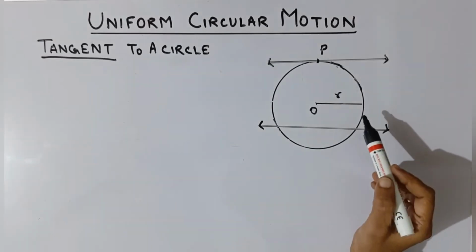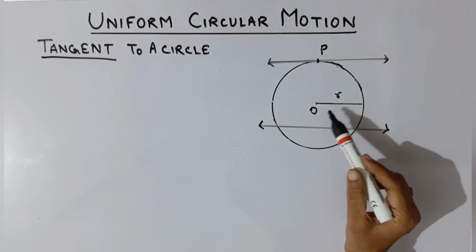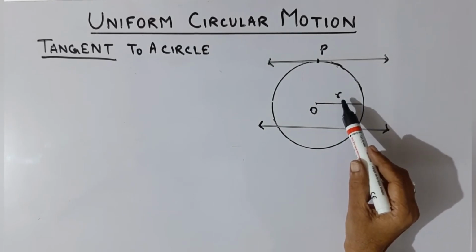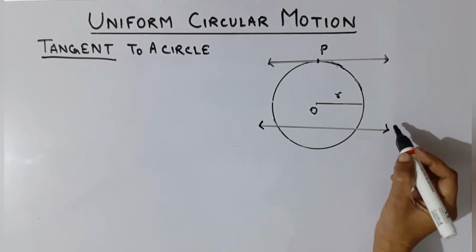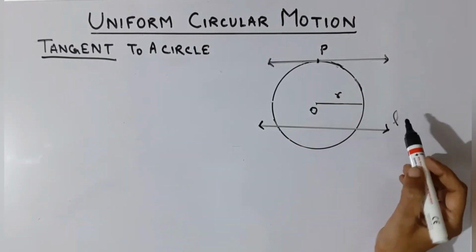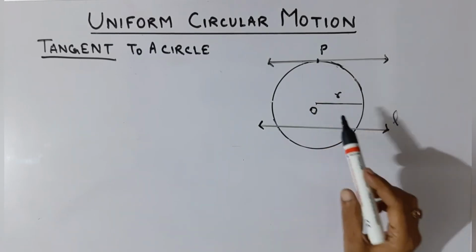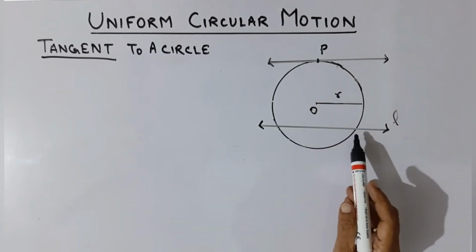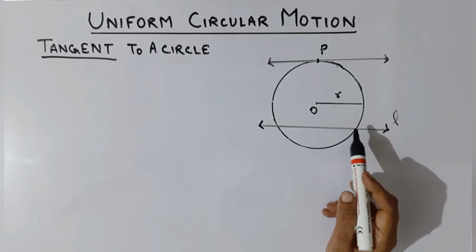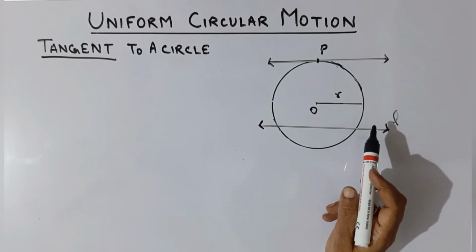Let us consider a circle with center O and radius R. If we draw a line, any line, say L, so that it intersects the circle, it will intersect the circle in 2 points. It cannot intersect a circle in more than 2 points.